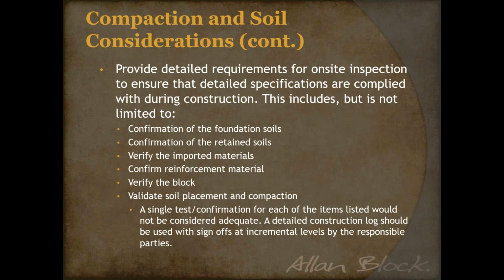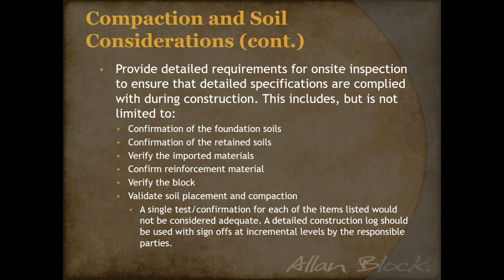Verifying the block. If you're getting an Allen Block, it should be pretty consistent across all of our manufacturers. They usually meet well above requirements as far as compression strength and that sort of thing. So you're probably getting a good block, but you do want to make sure that nothing was damaged during shipping. There's no cracks or breaks or anything that's inconsistent with the block that's going to cause any issues. And then soil placement and compaction.